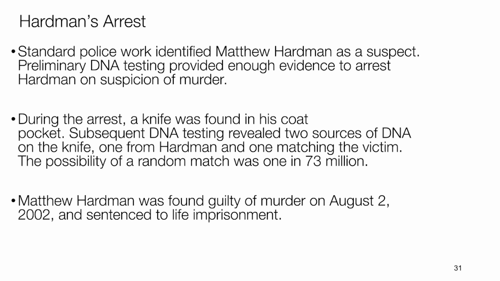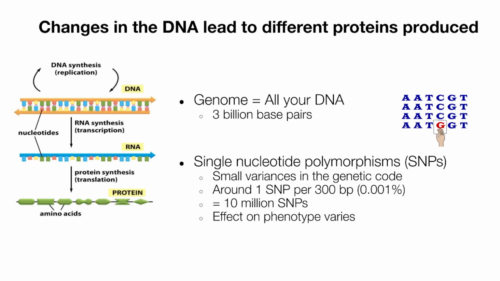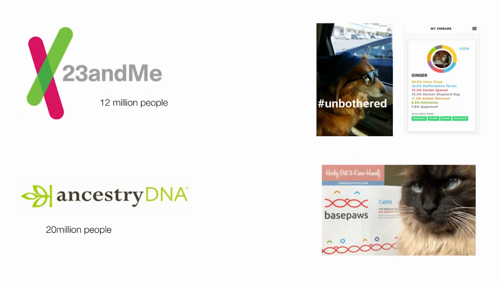So this can be used on a much larger scale in terms of sequencing. All the changes in our DNA lead to changes in protein that affect who we are as individuals. These changes in our DNA are called SNPs, or single nucleotide polymorphisms. And this is actually what is studied in services like 23andMe or Ancestry, which now have millions of people signed up for them.